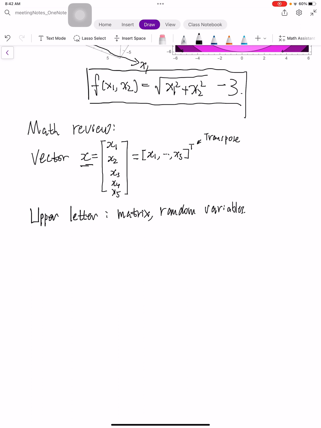For example, we sometimes use the capital letter A to denote a matrix, B to denote a matrix, and random variables like X, Y. For example, X follows a normal distribution, so this quantity we denote X. Sometimes we also use it to denote a set too.